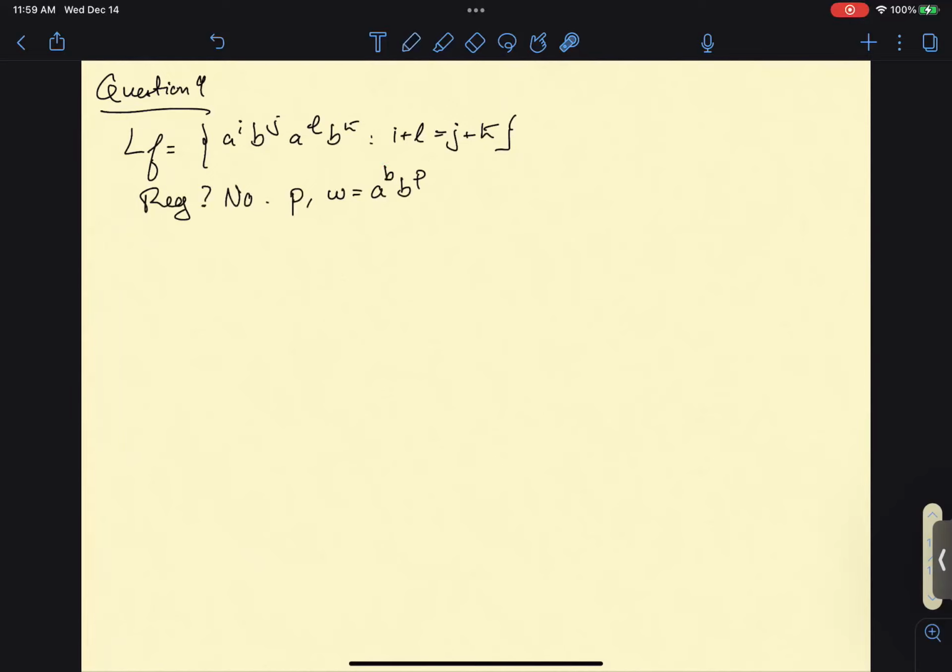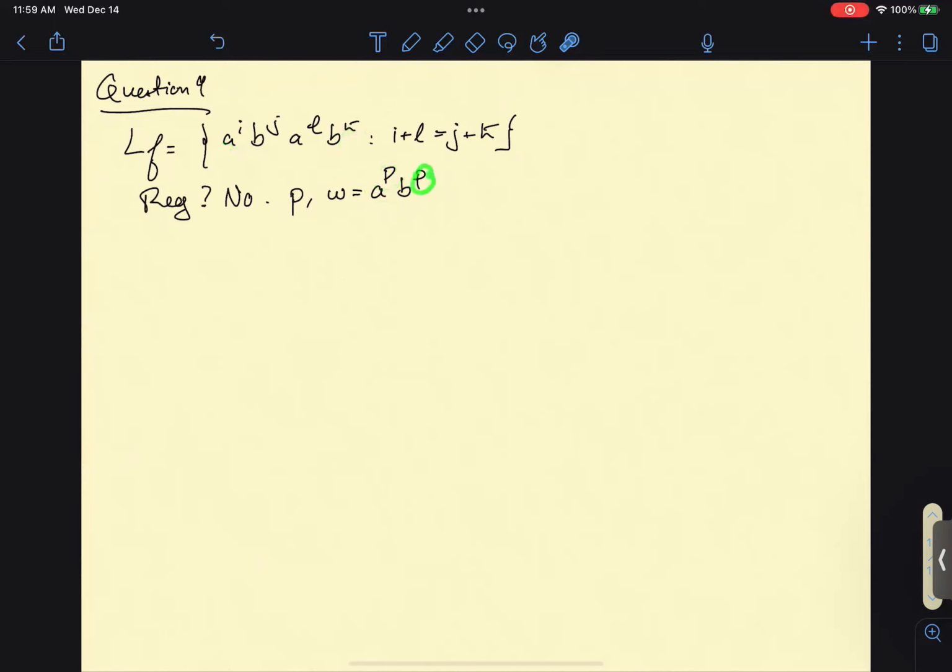Because the only way that this can be in L is that this P comes from here, and this P comes from here.